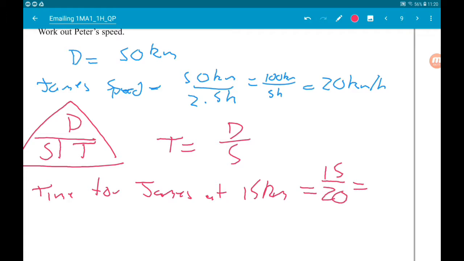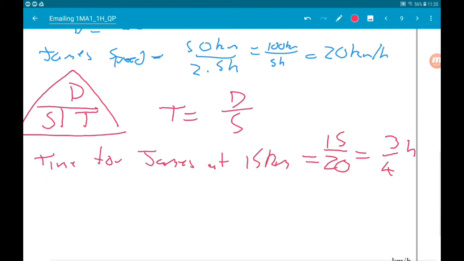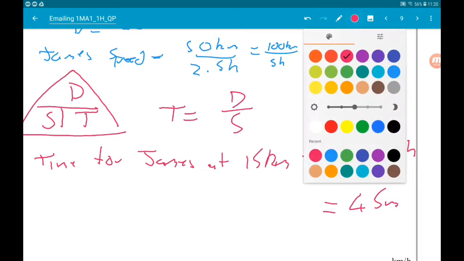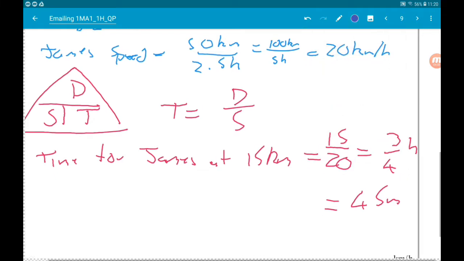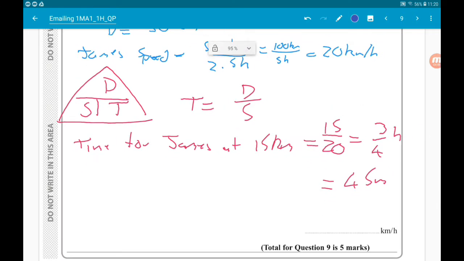Now that gives us 3/4 of an hour, which is 45 minutes. So that tells us then that Peter went 15 kilometers in 40 minutes because he started 5 minutes after.